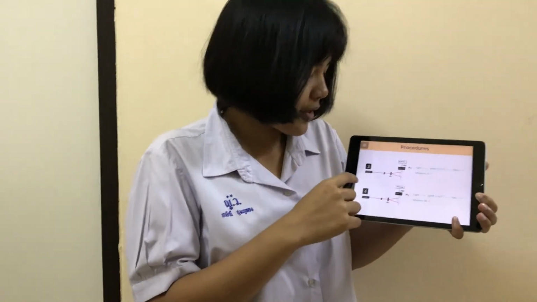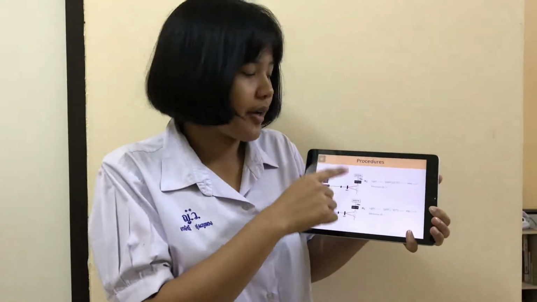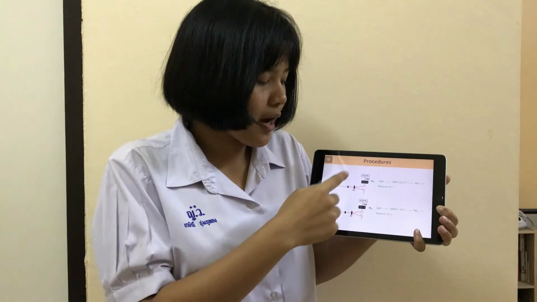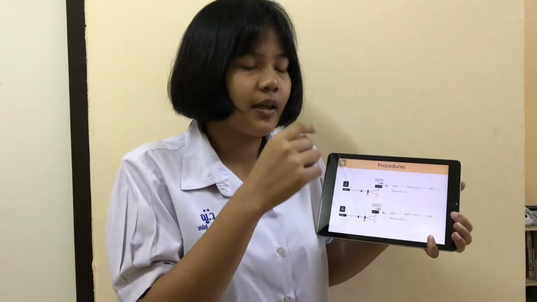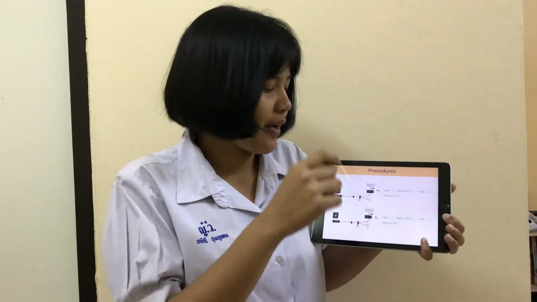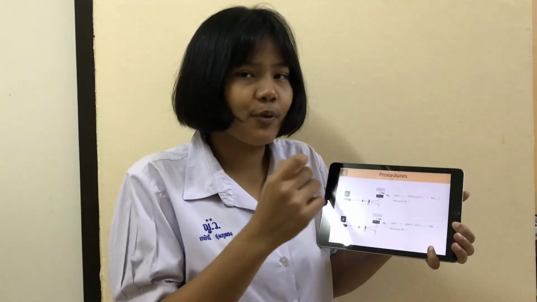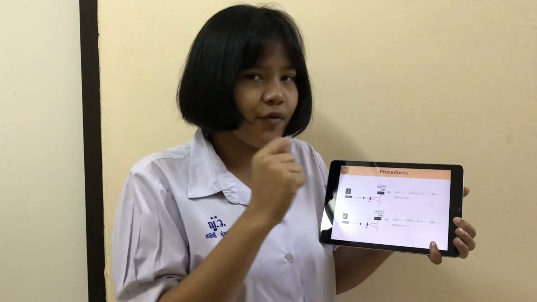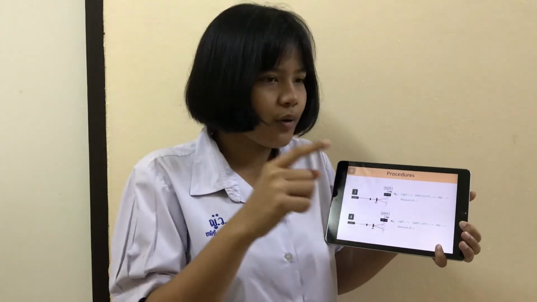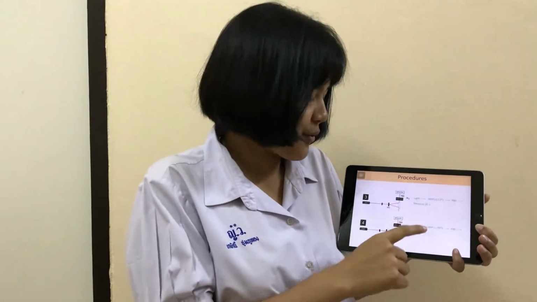In part 3, we will find N2. The light passes through the half-wave plate at angle 22.5 degrees and the polarizing beam splitter, and we will measure the polarization at angle 135 degrees.